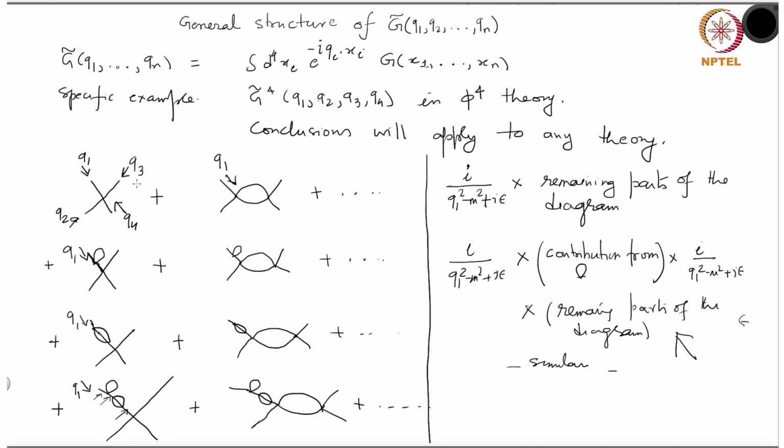the remaining parts of the diagram will be a series expansion in which the first term will be just −iλ times (2π)⁴ δ⁴, the momentum conserving delta function coming from here, together with the combinatoric factor, plus the contribution coming from here, which will have these 2 vertices, again a momentum conserving delta function and its corresponding combinatoric factor.